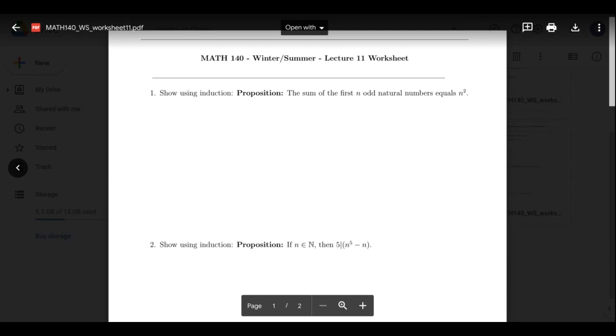Then we want to prove P of n plus 1 is true, which is 1 plus 3 plus 5 up to 2 times n plus 1 minus 1. Then that can be simplified as n squared plus 2n plus 1. That's n plus 1 raised by 2. That's right. Something just like that.